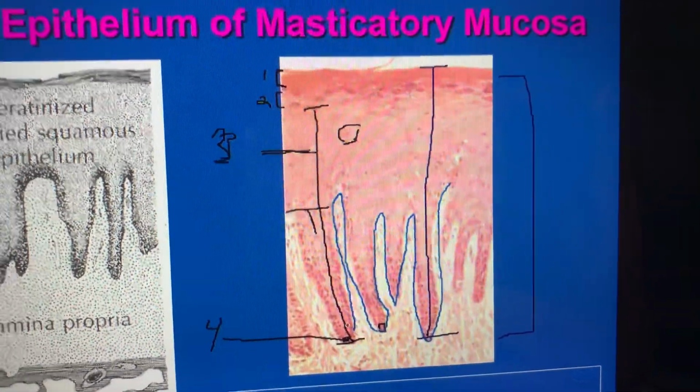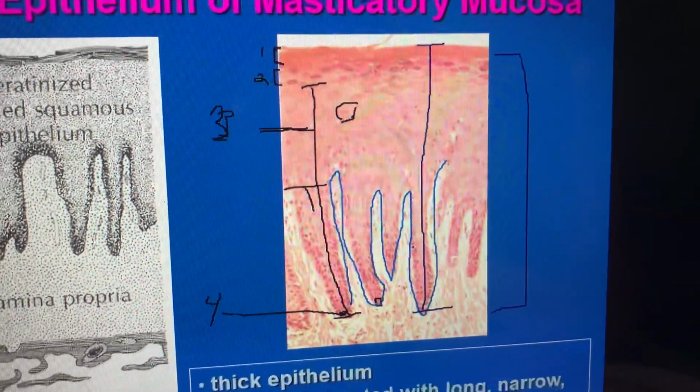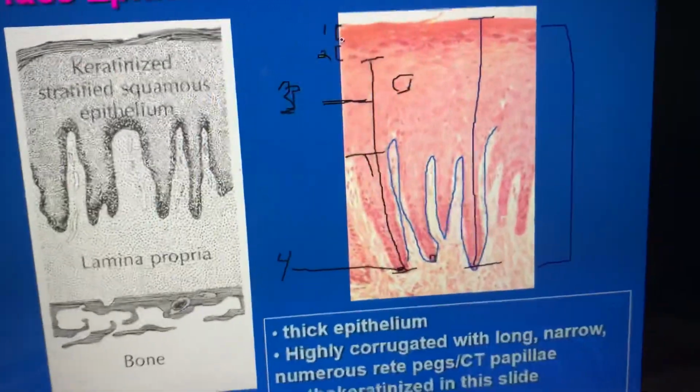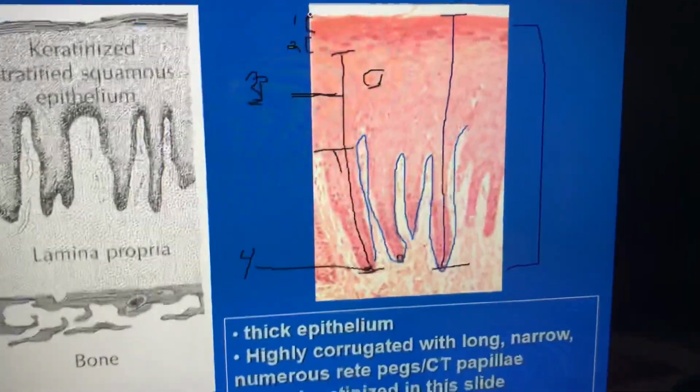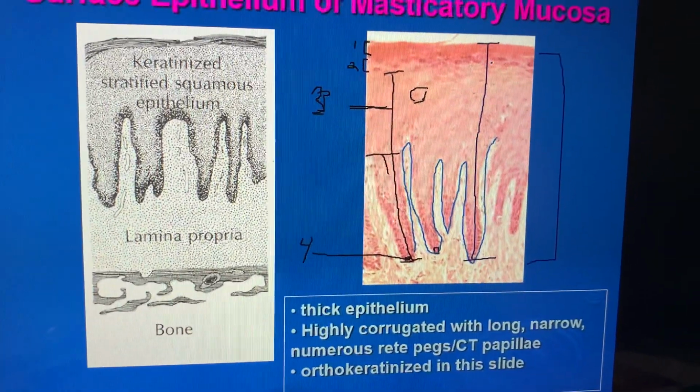And like I just said, the outline of the basement membrane is highly corrugated. In this case, we see orthokeratinized for the reasons we just went over: no nuclei in the cornified layer, and a very distinct granular layer.